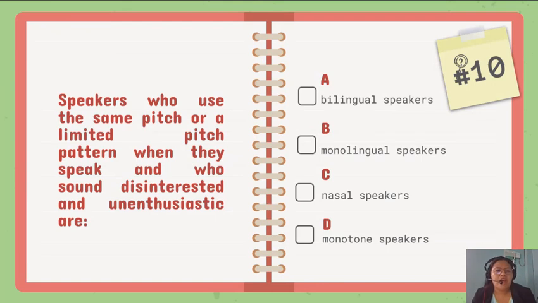Number 10. Speakers who use the same pitch or a limited pitch pattern when they speak and whose sound is not interested and enthusiastic are A. Bilingual speakers, B. Monolingual speakers, C. Nasal speakers, or D. Monotone speakers.